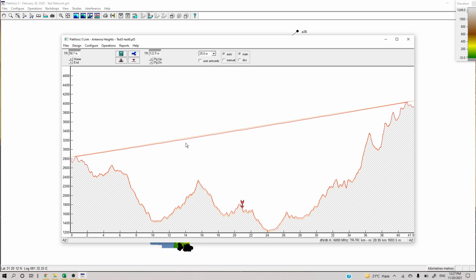So this is the beauty of the hilly area. If I put one tower here and one tower here, then I don't even need any antenna height. Everything else will remain the same, and this will become a perfect link. And you can plan this link with a very high capacity as well.